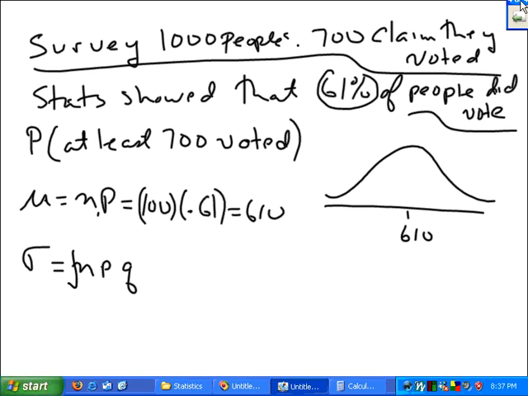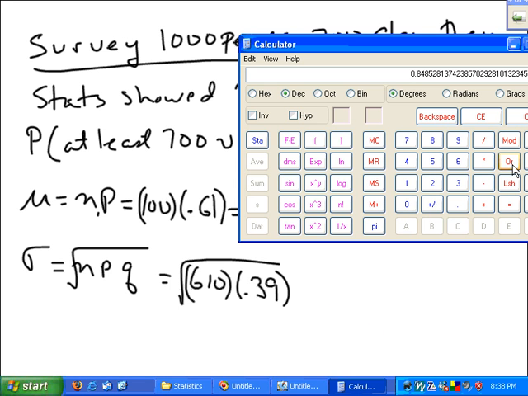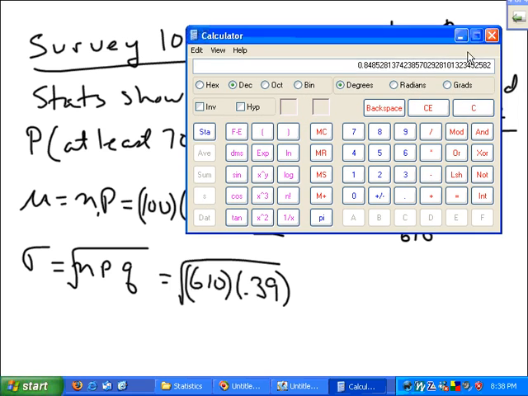npq. Now, there's no point in using your calculator to type in n times p, because we just did. We got 610. So take the 610, multiply it by q, and then take the square root of that, which is what I'm going to do right now. 610 times 0.39 should be around 240.